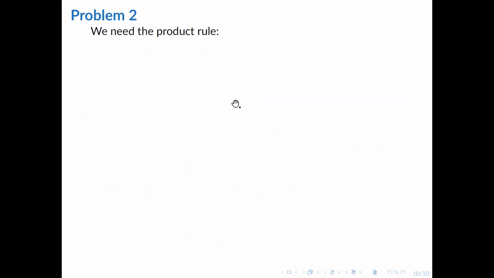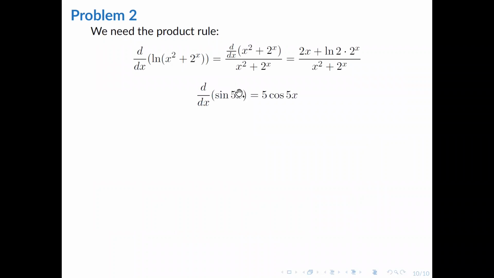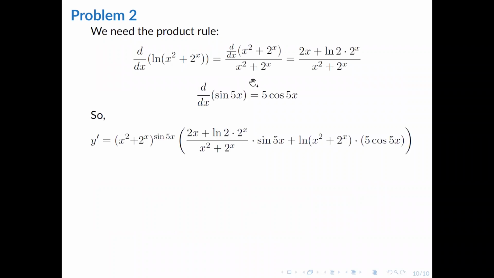We use the product rule: this is the left factor. We differentiate the left factor and keep the right factor the same, plus the left factor, which is kept the same, and then we differentiate the right factor. So we get this expression. And this is the answer to the question.